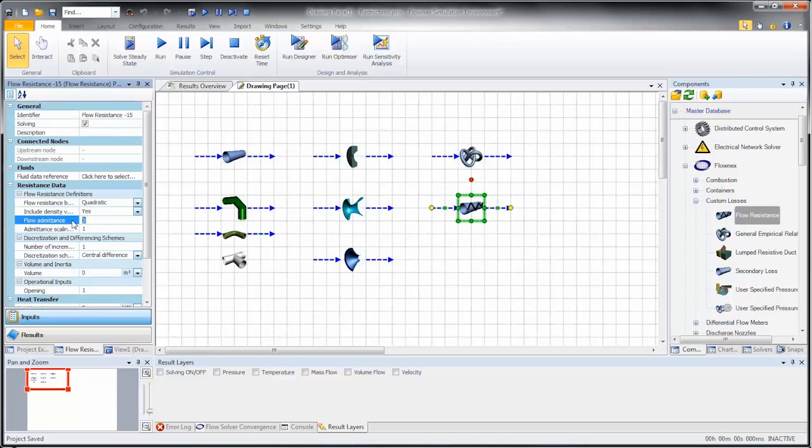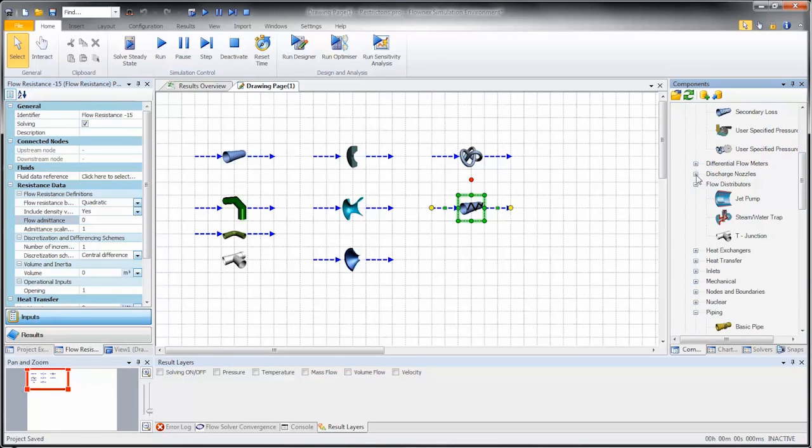This value is the inverse of flow resistance. So it can be written in the form delta P equals 1 over admittance multiplied by mass flow squared divided by density, giving that a larger value of admittance will give less pressure loss and a smaller value will increase the pressure loss.